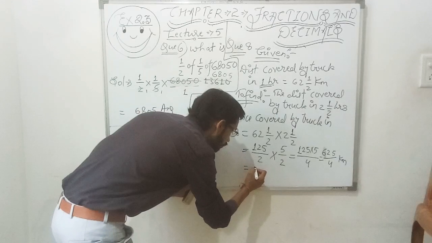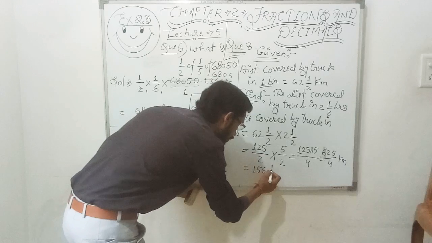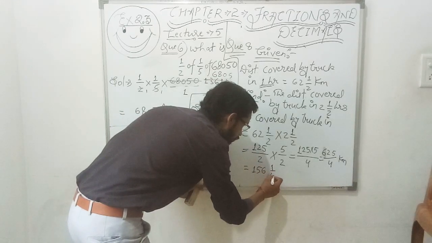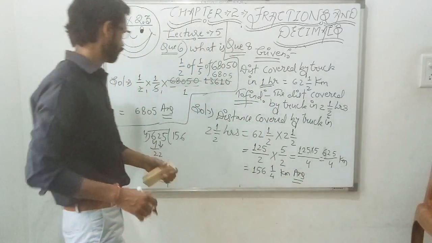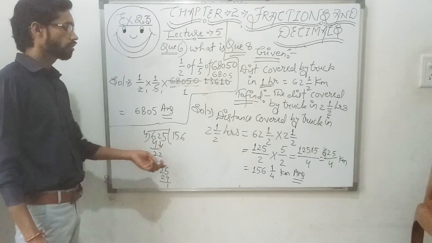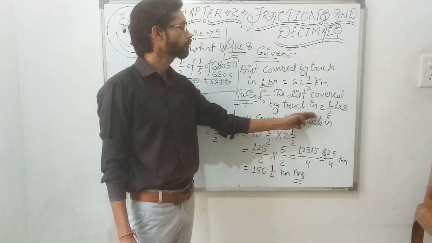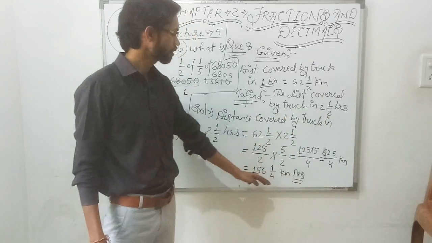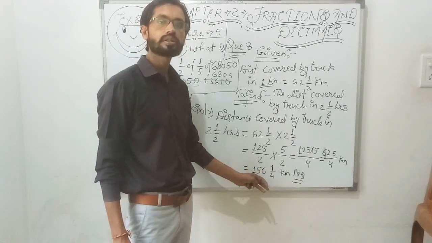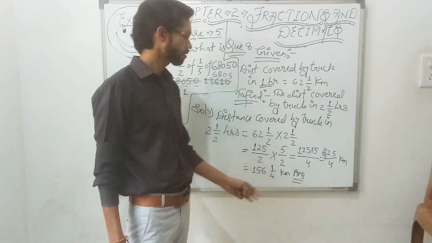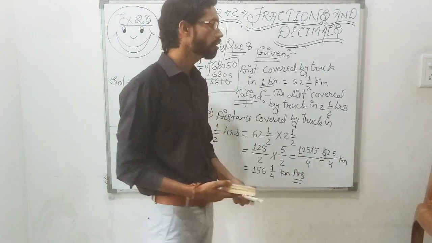You can write here 156, right? What is the remainder? 1. 1/4 kilometer is our answer. Okay, so we can say that the distance covered by the truck after traveling 2 and 1/2 hours is 156 kilometers in the round figure and 1/4 kilometer in the fraction, that means 0.25 kilometer. So 156 and 1/4 kilometers is the distance covered by the truck.